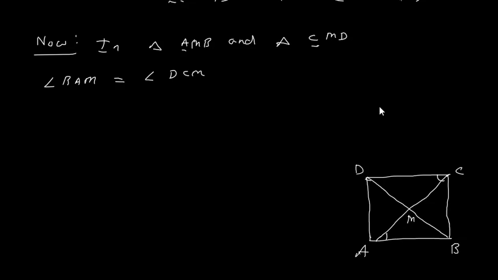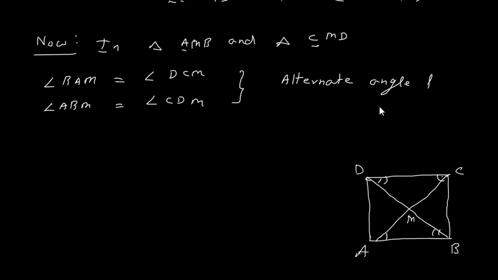Also, angle ABM is equal to angle CDM. So this angle and this angle are equal, and here we have this angle and this angle equal. The reason is the alternate angle theorem.